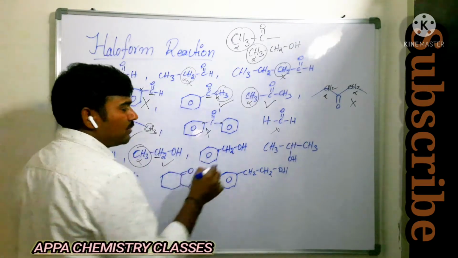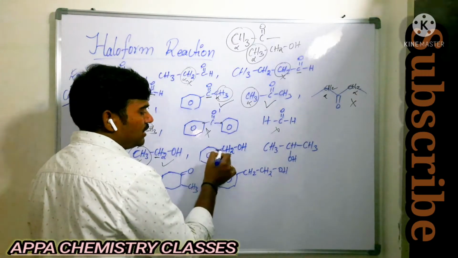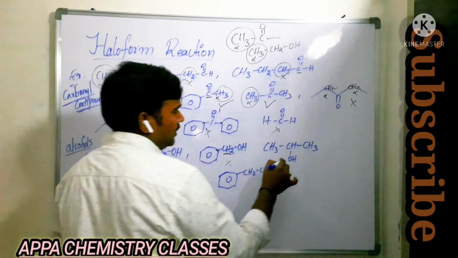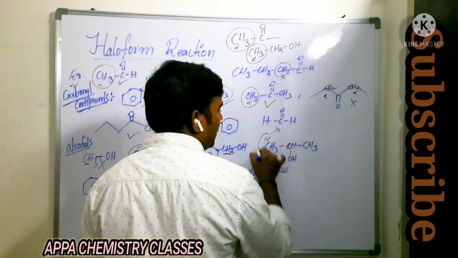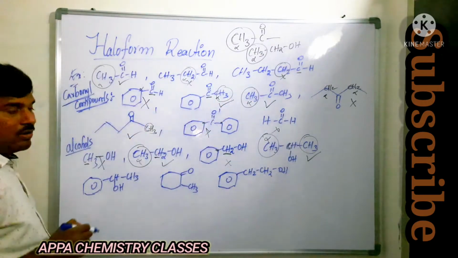Now in this case, this is a functional group carbon. It is adjacent to the functional group carbon, but it is not a methyl group, so it does not participate. Here this is the functional group attached carbon, and the adjacent carbon has a methyl group, here also a methyl group, so it participates in the haloform reaction.